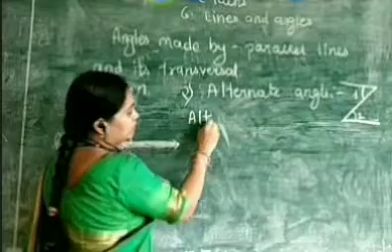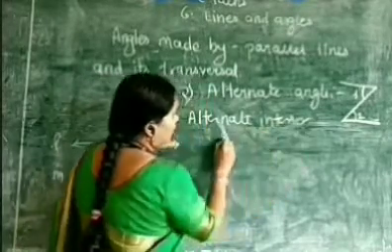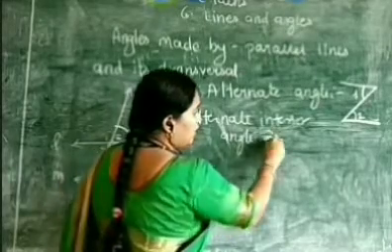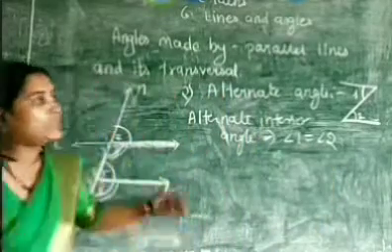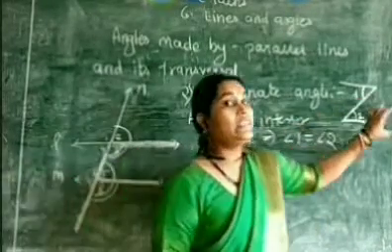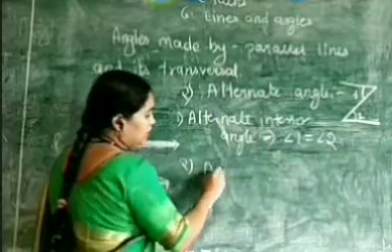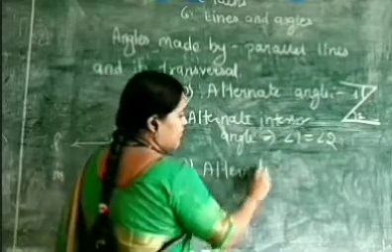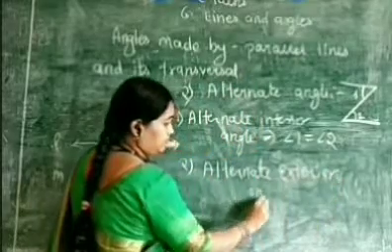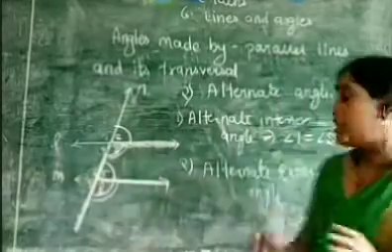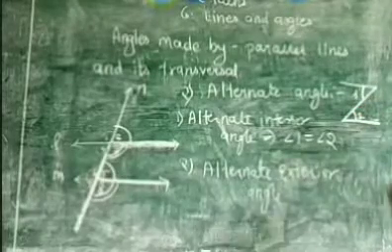Alternate interior angles are also equal in measurement. So here angle 1 is equal to angle 2, because they form inside the Z. Now we have the second type, alternate exterior angles. The angles 1 and 2 are on the inside of the diagram, so they are interior angles.